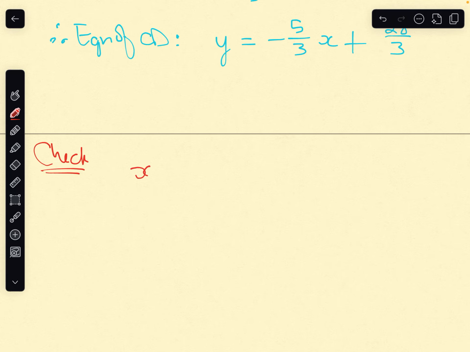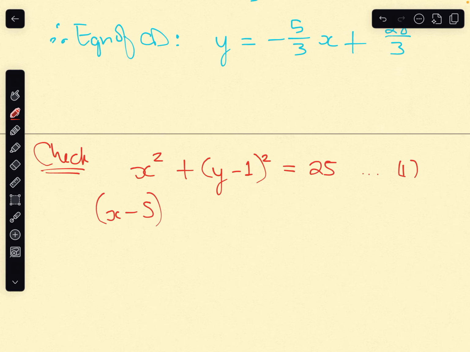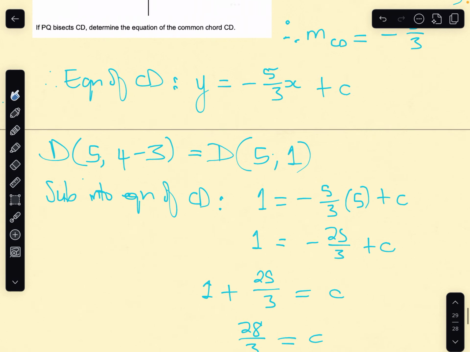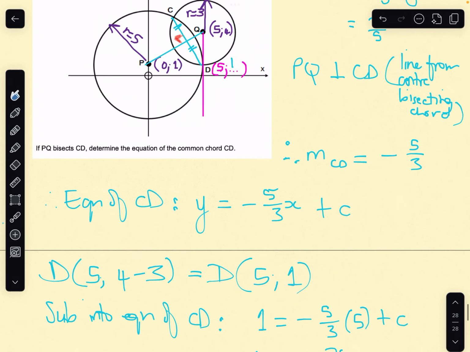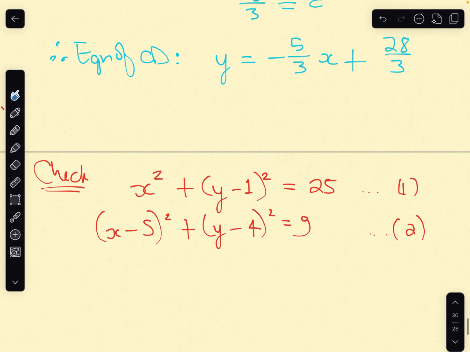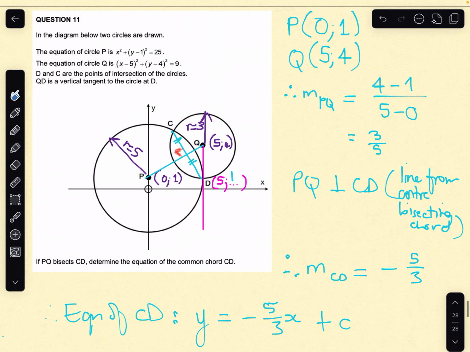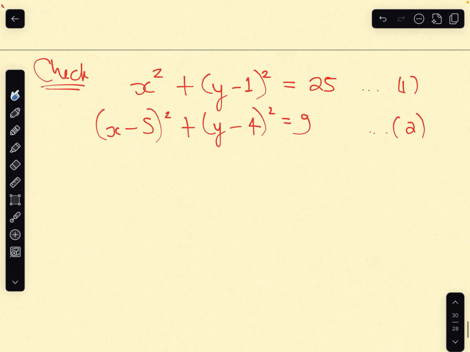So the first equation is x squared plus y minus 1 squared is equal to 25. The second equation is x minus 5 squared plus y minus 4 squared is equal to 9. Okay, I think those were the two. Let's just double check that. x squared plus y minus 1 squared is equal to 25. x minus 5 squared plus y minus 4 squared is equal to 9.